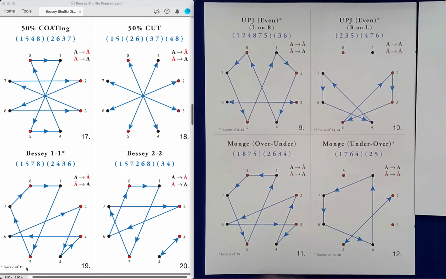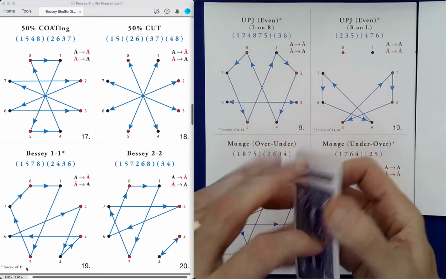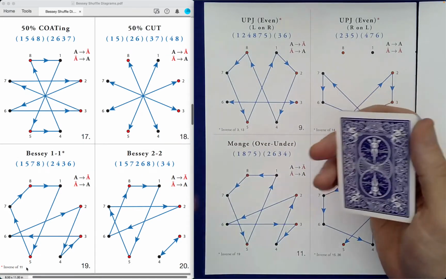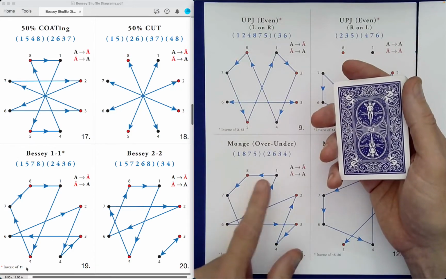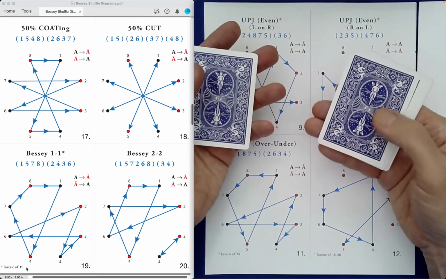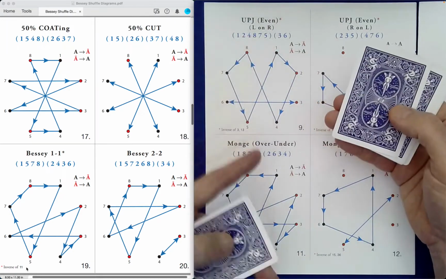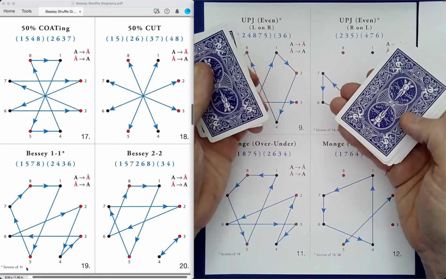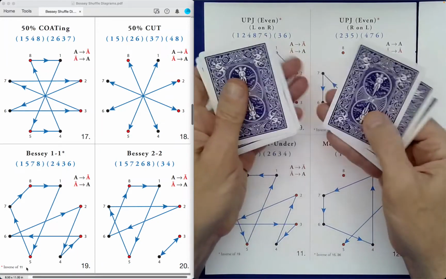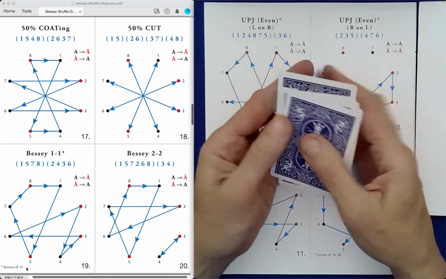So here we have our ordered packet. So let's go ahead and perform the mange over under first, followed by the Bessey 1-1. So recall, the mange over under is where you push over the top card. Now this next top card goes over the one in your other hand, and then the next card goes under. Over, under, over, under, over.